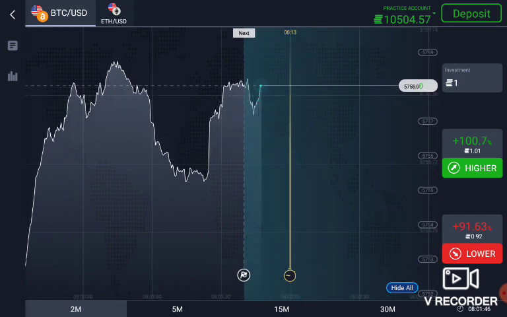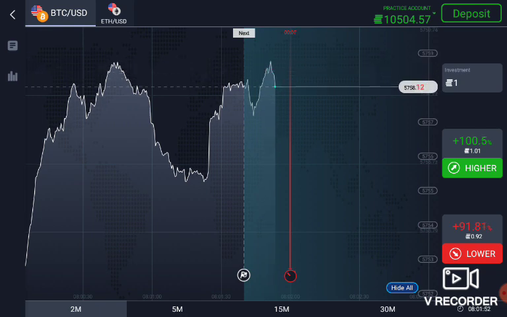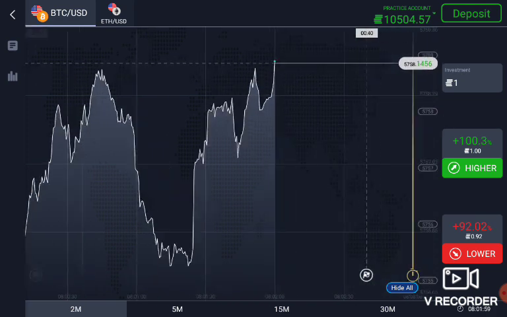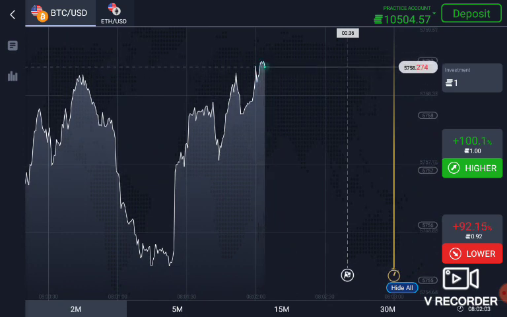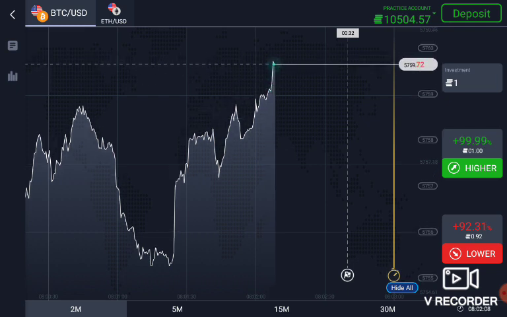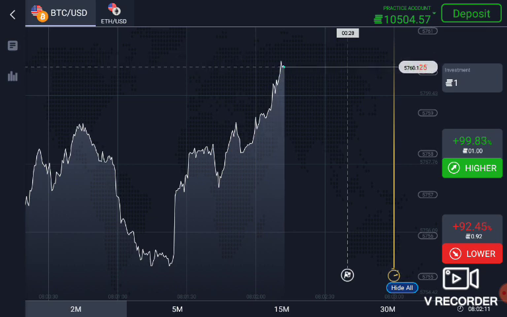Now, as you can see up in the right hand side, you see the deposit box. You would open the deposit and transfer funds from the trade account over to the options account in whichever currency you wish to trade in. For those that are new to trading options, they actually give you an amount of practice coins to trade with.